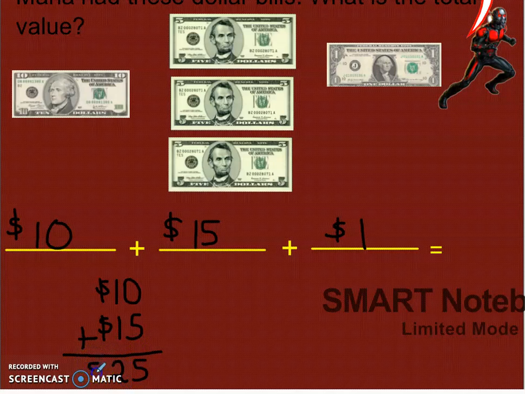So far I have how much money? $25. So I added my $10, my $15. Now I have to add my $1 bills. So I'm going to take my $25 and I'm going to add $1 to my $25 to find how much Maria has in all.